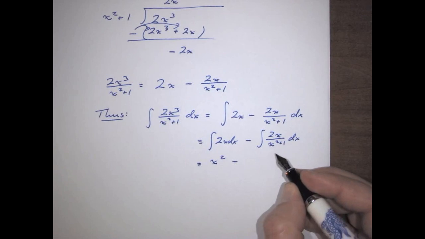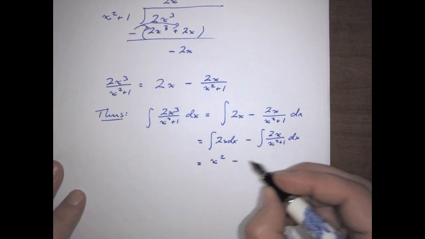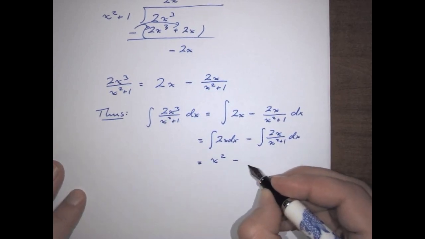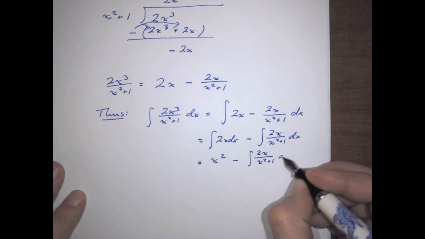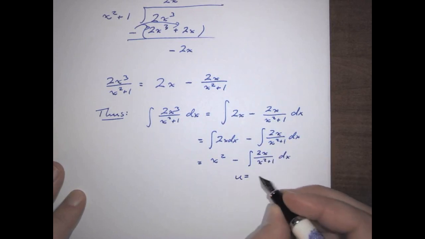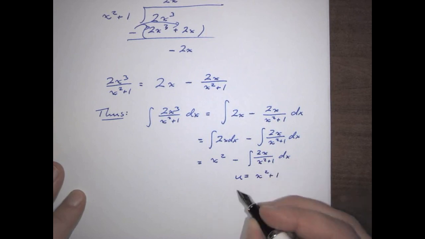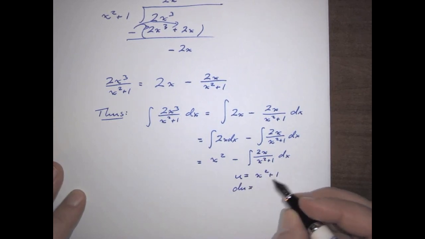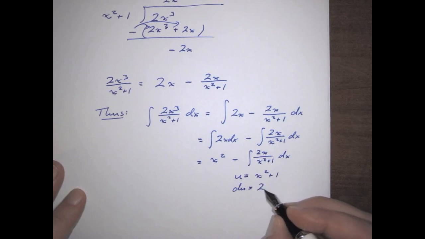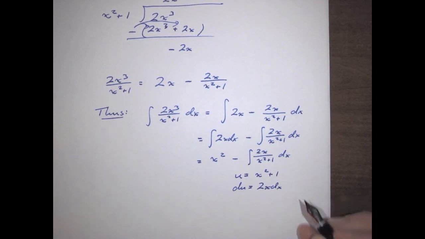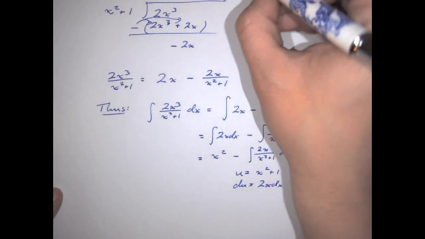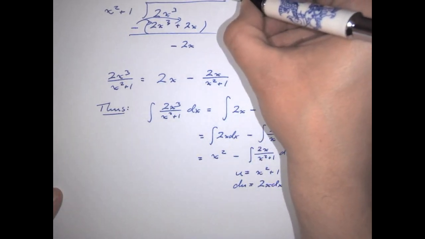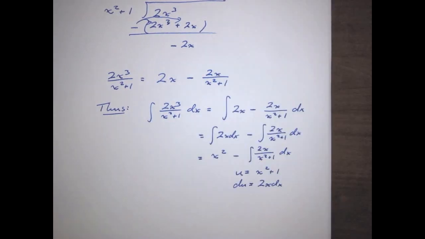This one is going to equal, well, let's get to it in a second. 2x over x squared plus 1 dx. And here the u can be the x squared plus 1. Du can equal then 2x dx. And so then what we're going to end up with here, so I should say remainder negative 2x.